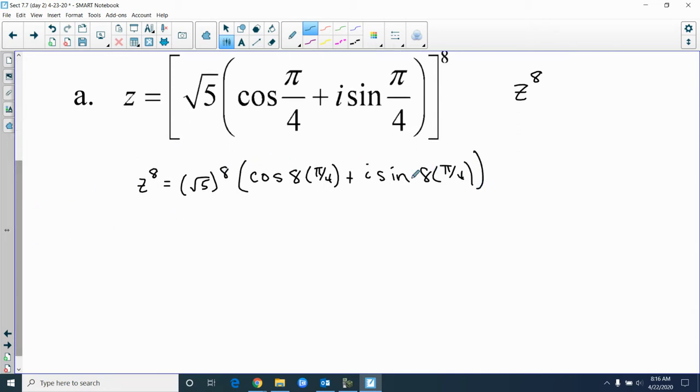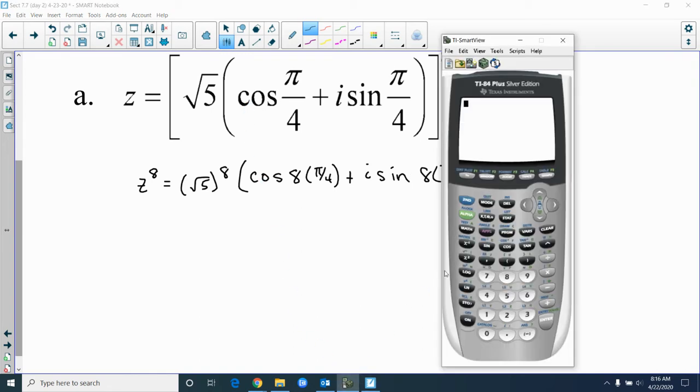Now we're going to keep going through here, and then we have to write our answer in rectangular form. All right, well, what is square root of 5 to the 8th power? That's going to give us 625.